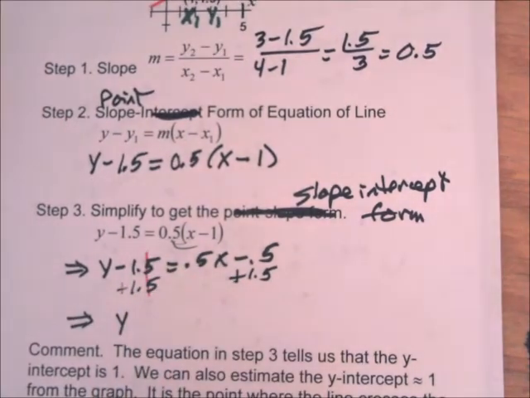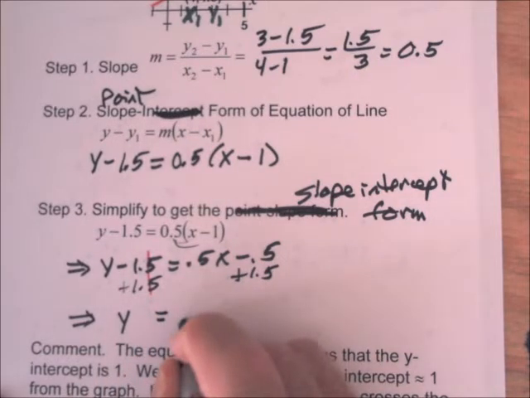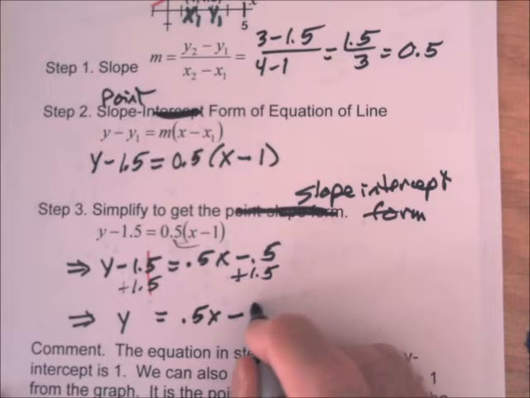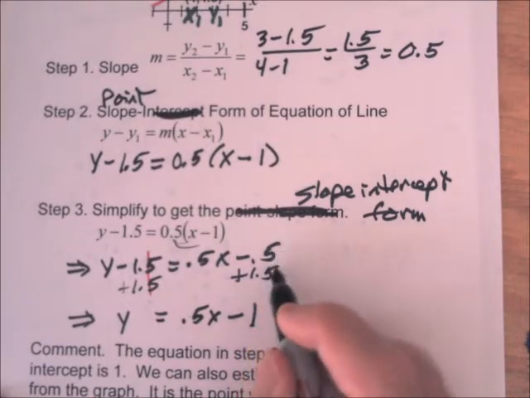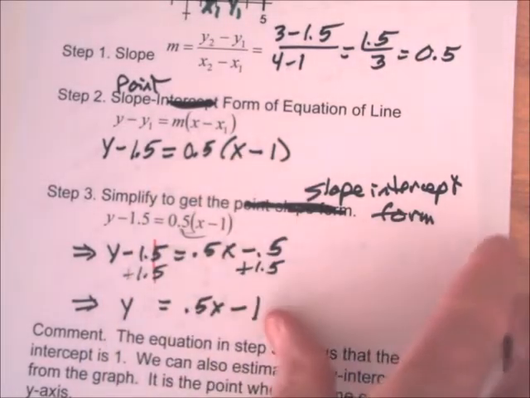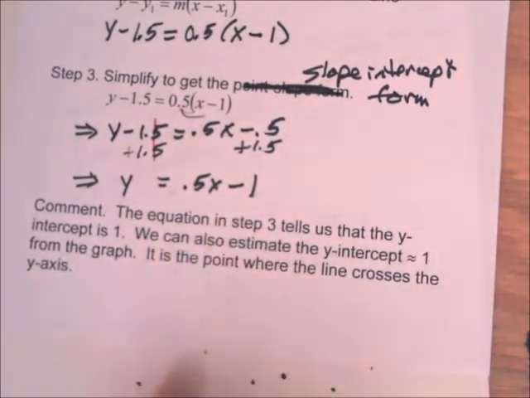Minus 1.5 plus 1.5 cancels. And this is 0.5x plus 1, since negative 0.5 plus 1.5 is 1. So that's the slope-intercept form. There can be more than one point-slope form, but there's basically only one slope-intercept form.